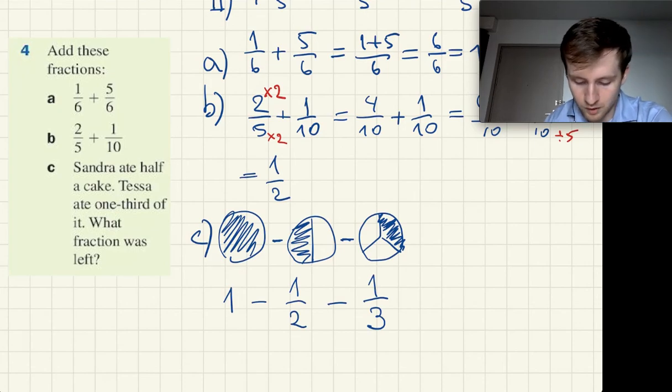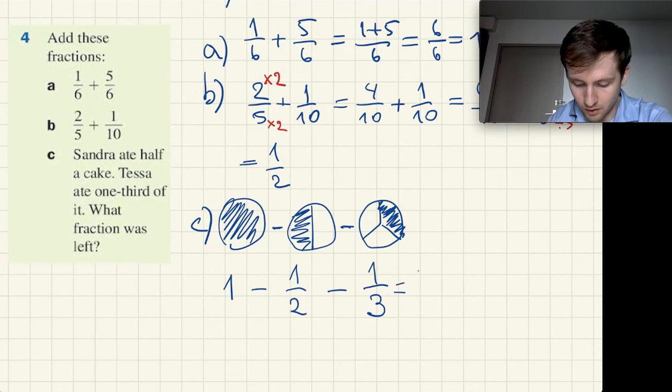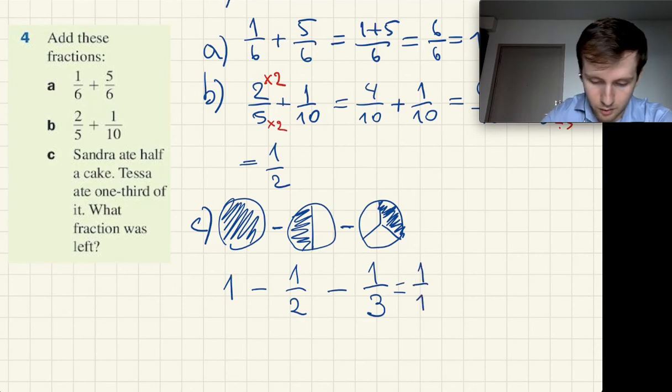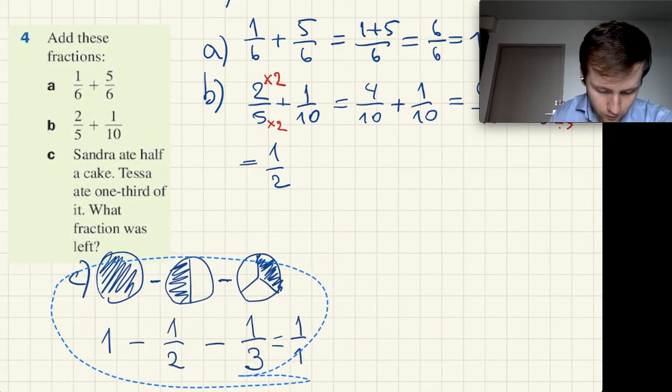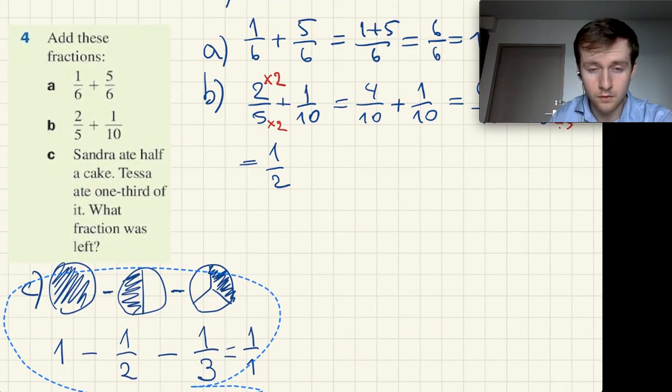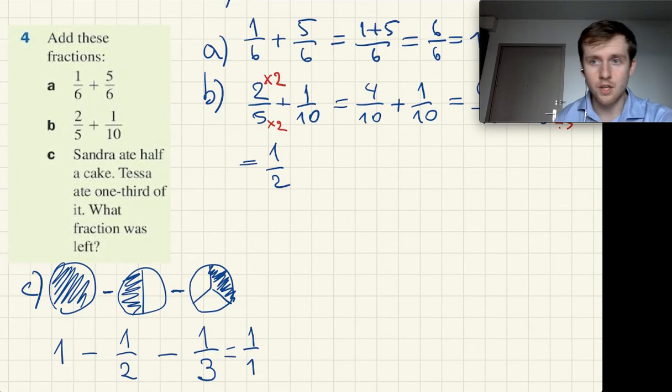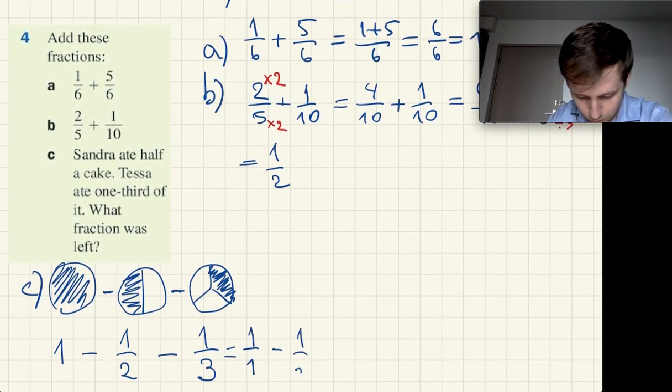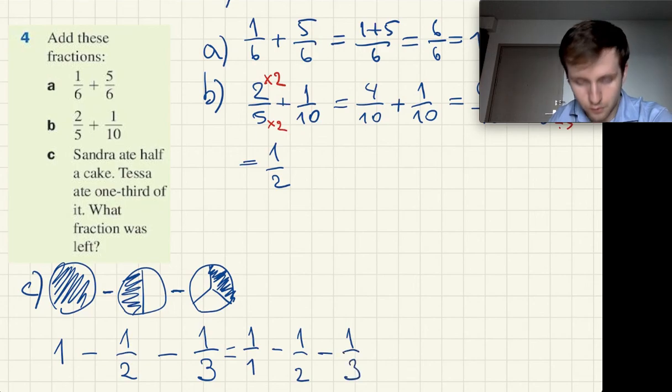So 1 minus 1/2 and minus 1/3. 1 can be written as 1 over 1. Let me move this here, like this. I hope you guys can see. It's a little bit at the bottom. It's 1 over 1 minus 1 over 2 minus 1 over 3. So we have to find a common denominator for 2, 3, and 1.